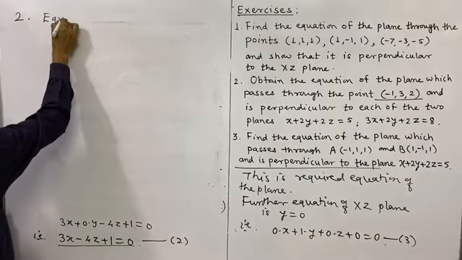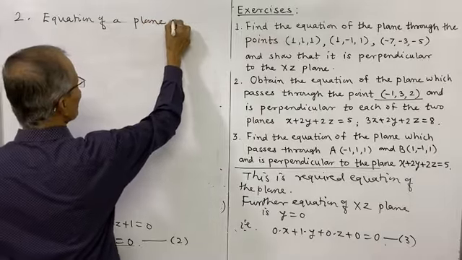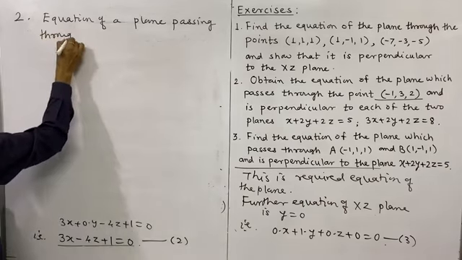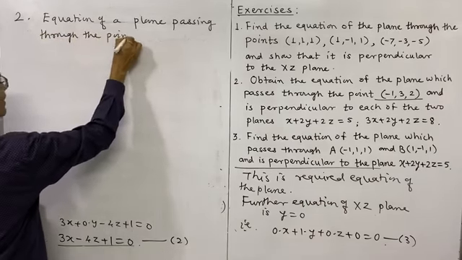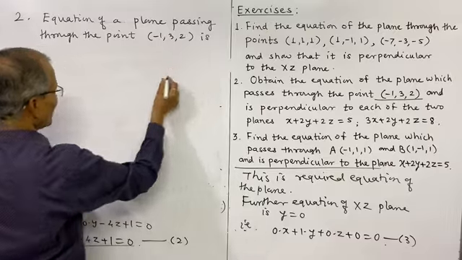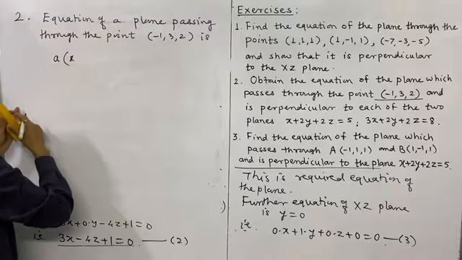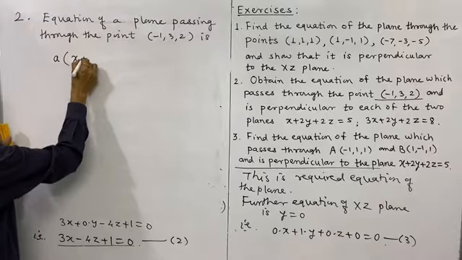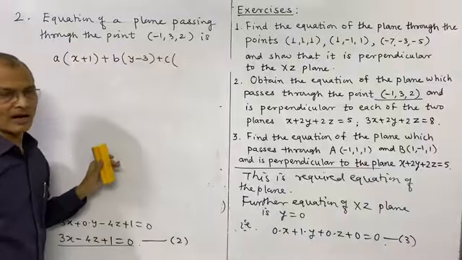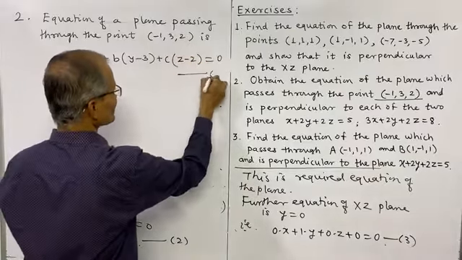The equation of the plane passing through the point minus 1, 3, 2 is, as earlier, a into x minus minus 1, that is x plus 1, plus b into y minus 3 plus c into z minus 2 is equal to 0. We suppose that as well.